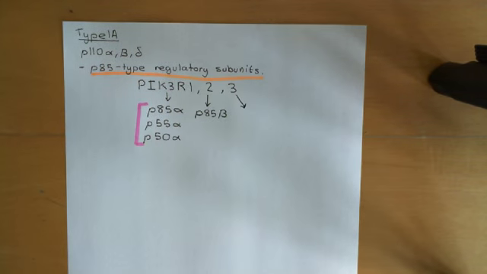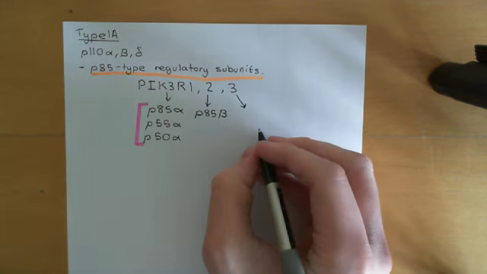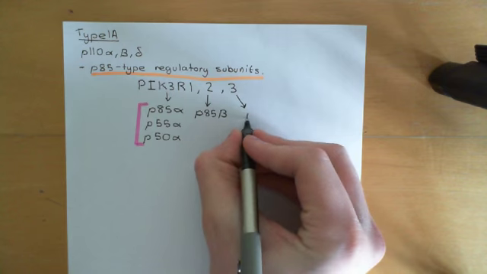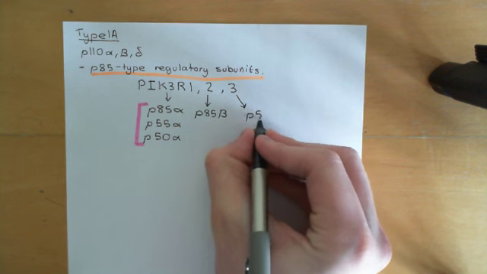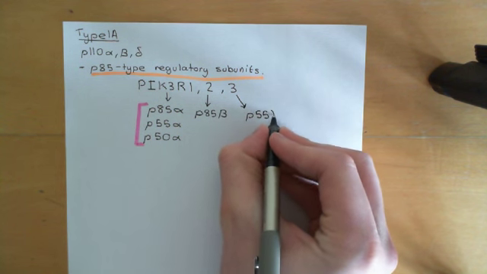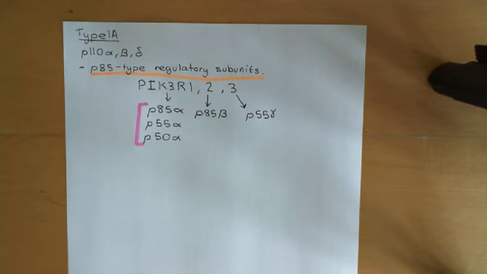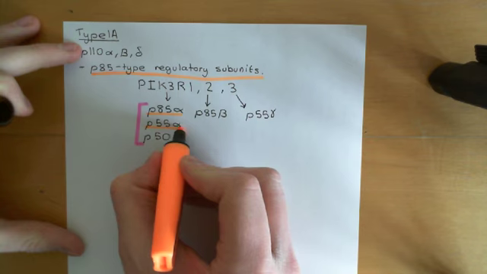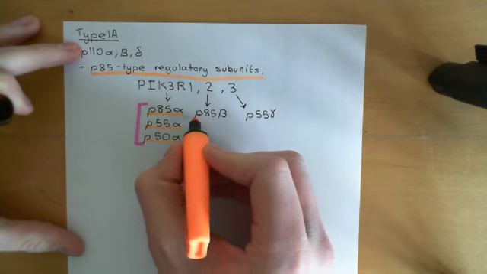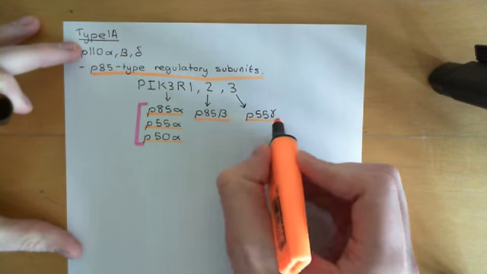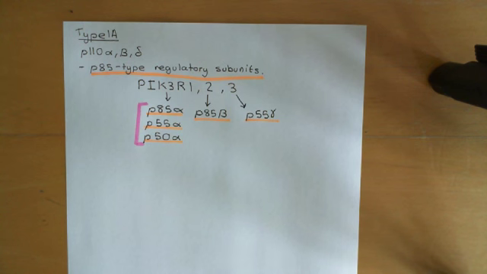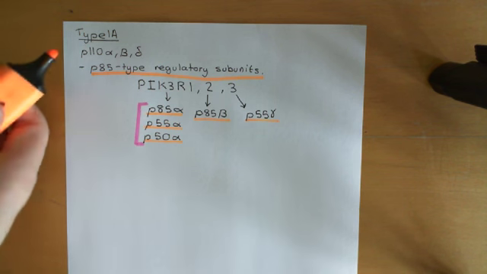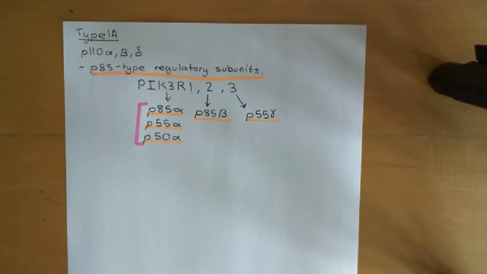Finally, the PIK3R3 gene, that makes a regulatory subunit of 55 kilodalton molecular weight called P55 gamma. Okay, so these 5 different proteins here, P85 alpha, P55 alpha, P50 alpha, P85 beta, and P55 gamma, these are the P85 type regulatory subunits which can be bound to one of these catalytic subunits here to make a type 1a PI3 kinase.